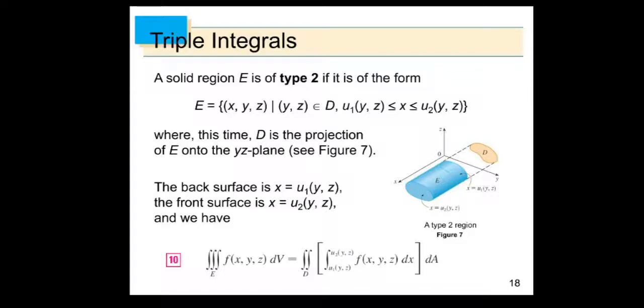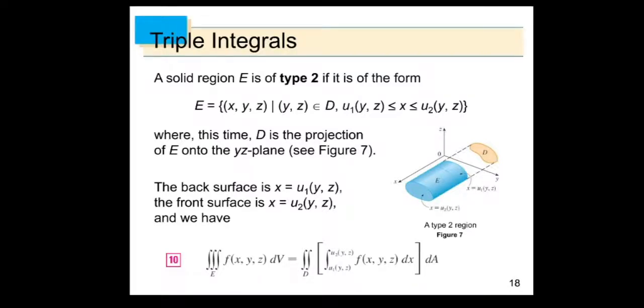Determining a type 2 region, we should have our x value greater than or equal to u1 and less than or equal to u2, where u1 and u2 are functions of y and z, and y and z belong to D. All right, so we have this projection D, and opposite to that we have our shape E. We can see the upper limit is u2 and the lower limit is u1, and these are functions of y and z.